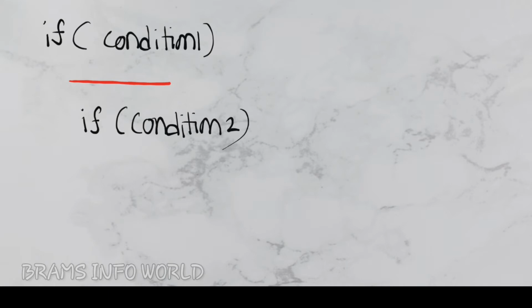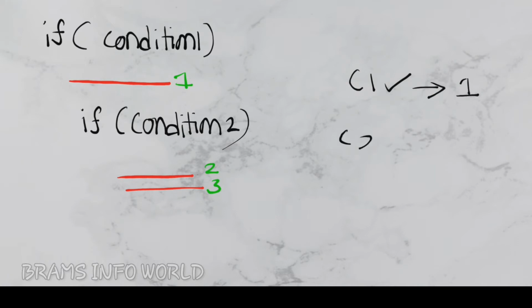If this condition is also true, then these statements are executed. Assume there are statements 1, 2, 3. If condition 1 is true, then the first statement is executed. If condition 2 is true, then 2 and 3 will be executed, so in total 1, 2, 3 will be executed.